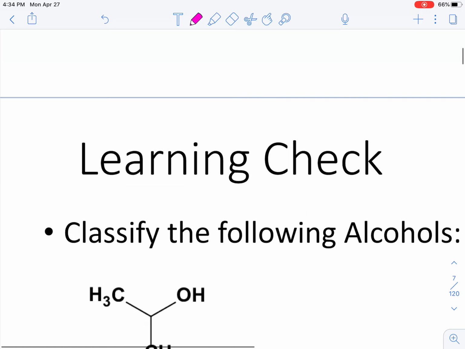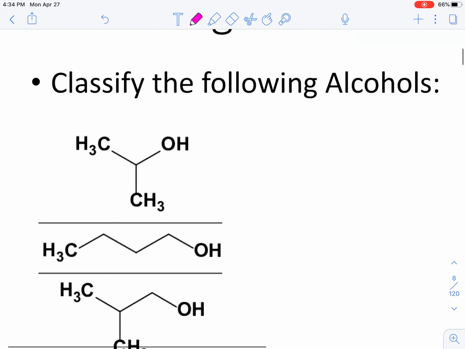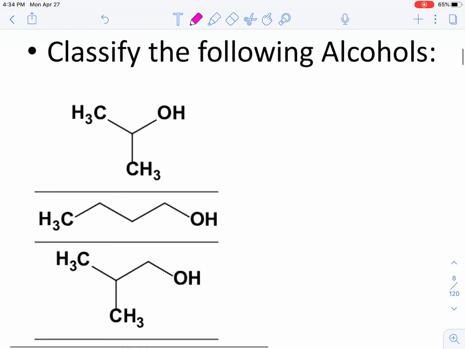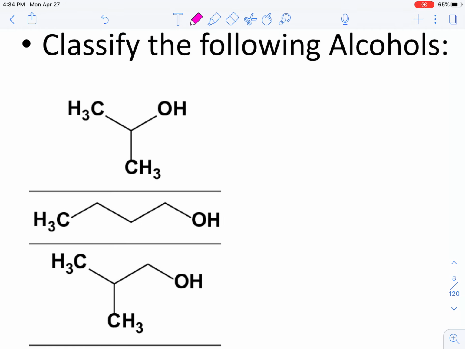All right, so let's go ahead and look at classifying the following alcohols through the skeletal structure. This one is probably a little bit more straightforward, just because you can see the direct connection between the alcohol and the carbon. Looking at the first example, notice that my alcohol is covalently bonded to this carbon.